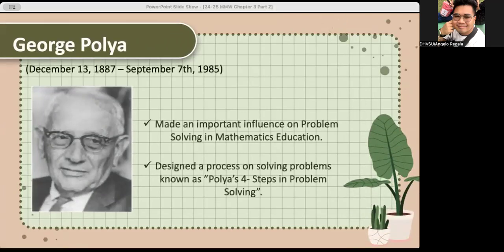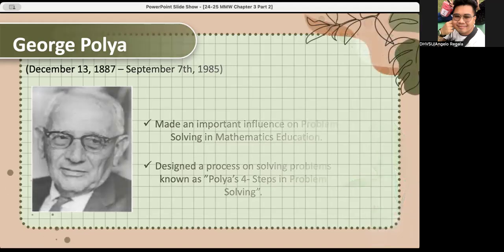George Polya. He made an important influence on the problem solving processes in mathematics education. He is famous in the 1950s, and he is known to design what we call Polya's 4 steps in problem solving. So ano nga ba itong 4 steps na sinasabi ni Polya?